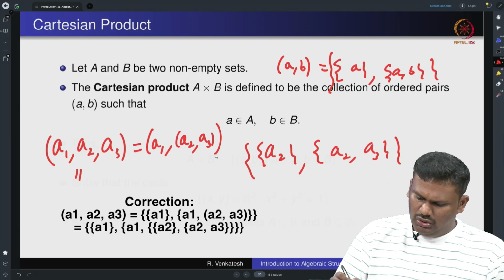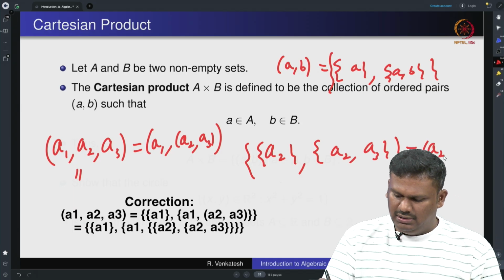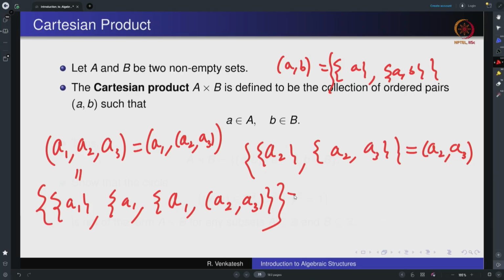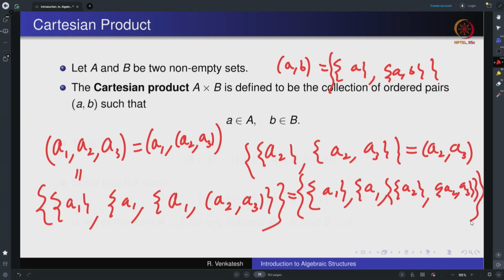Now you know this is exactly the tuple (A2, A3). So, you replace this. So, this is exactly singleton A1, and then you write singleton A1 comma singleton A2 comma (A2, A3) like this.